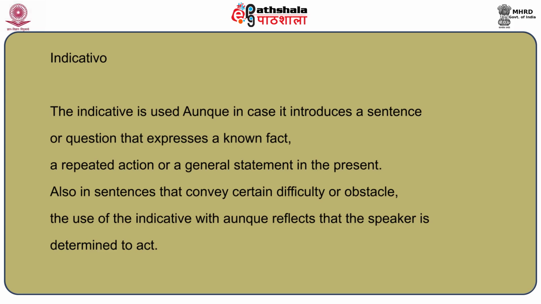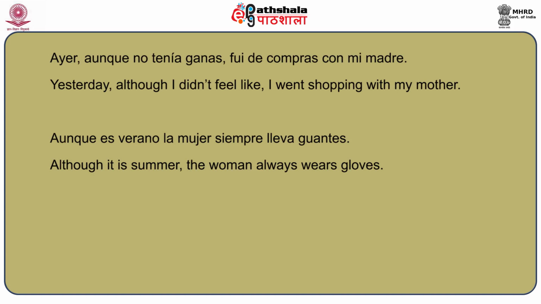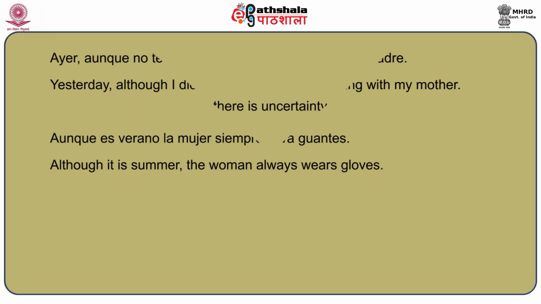The use of the indicative with aunque reflects that the speaker is determined. Ayer, aunque no tenía ganas, fui de compras con mi madre. Yesterday, although I didn't feel like, I went shopping with my mother. Aunque es verano, la mujer siempre lleva guantes. Although it is summer, the woman always wears gloves.